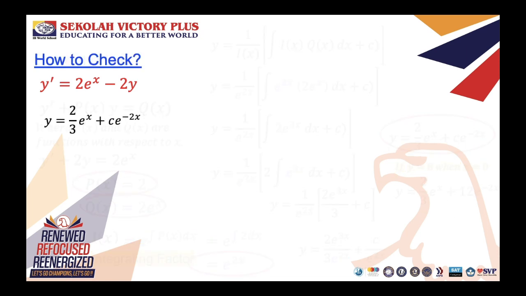Now, how would you know if this is correct? How to check? To check if this is correct, we actually need both your original equation and your solution, which is this one. All right? Now, we just need to prove that when we find the derivative of this, it should equal 2e raised to the x minus 2 times y, by which your y is given with this expression.